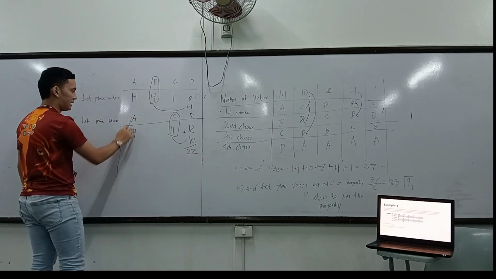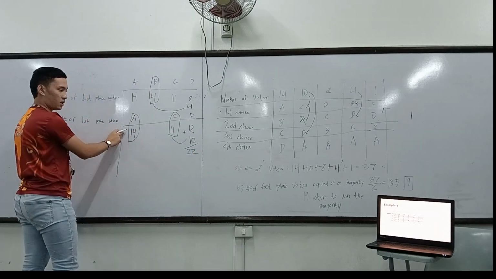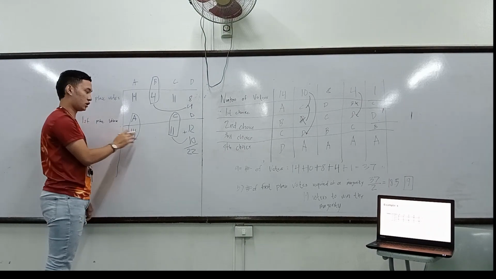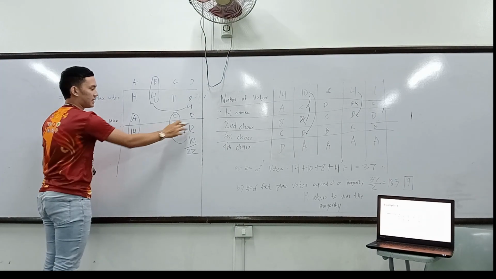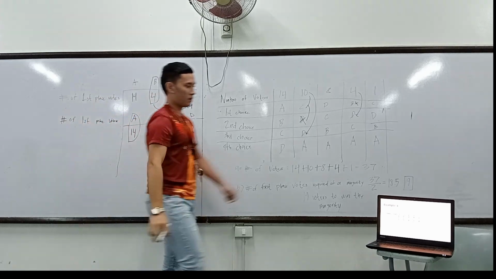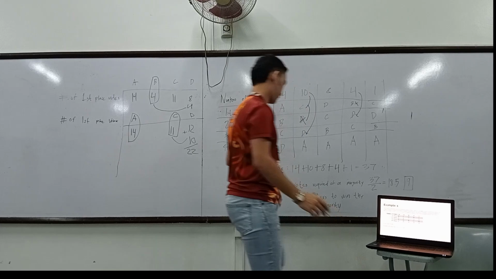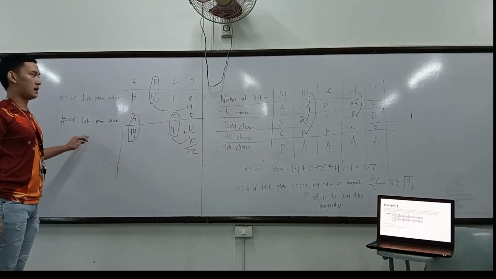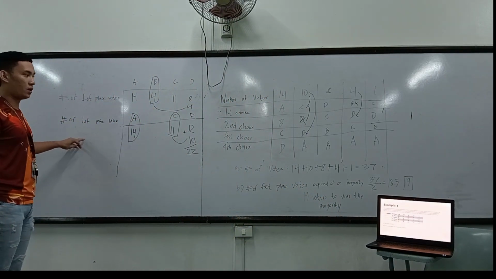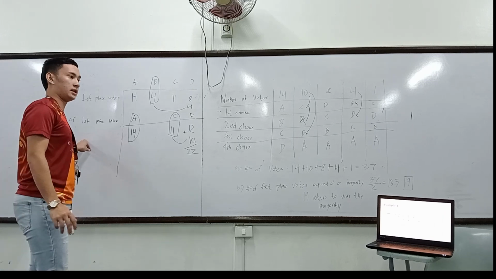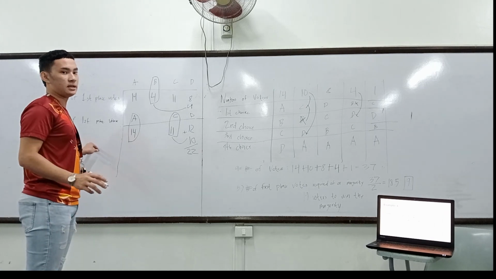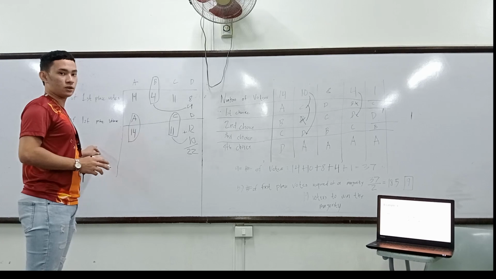So automatically, candidate A will be eliminated in this election because candidate B got the majority of voters in this example. So this is the first example of the plurality election voting method.